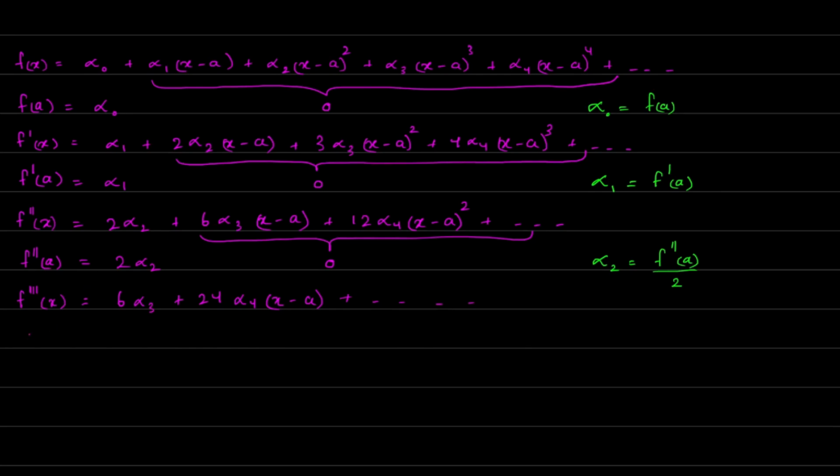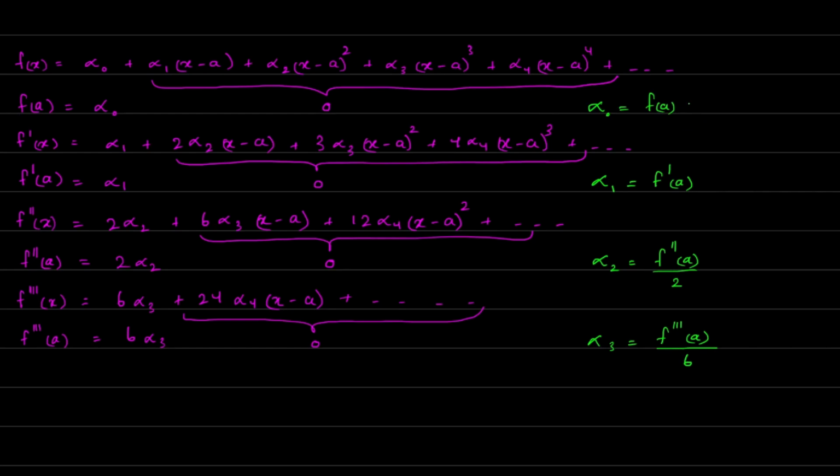And if we set x to a, f'''(a) is going to be equal to 6 alpha 3, and the rest is going to get cancelled out because it becomes equal to 0. And therefore, alpha 3 is going to be equal to f'''(a) divided by 6.